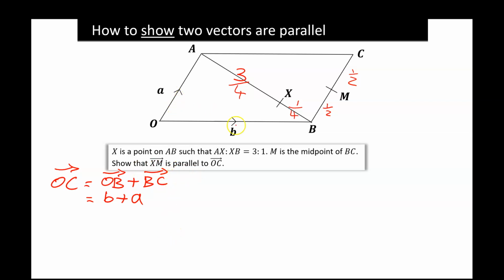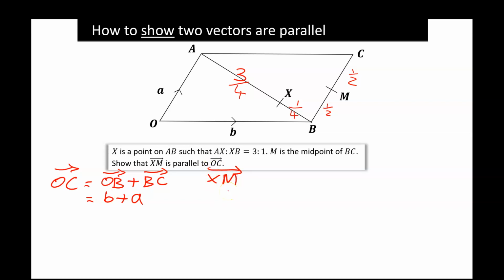Oh yes, it does tell you they're parallelograms, we've got these lines on here. Okay, it is a parallelogram. So we've done OC. Now we need to work out XM.